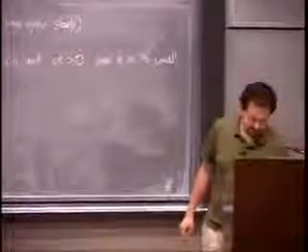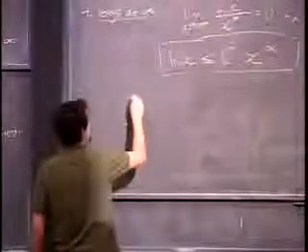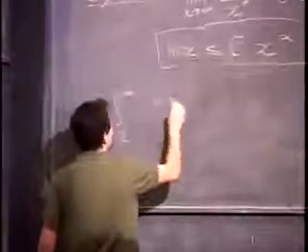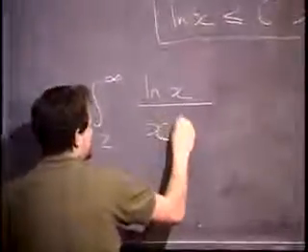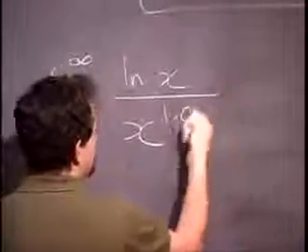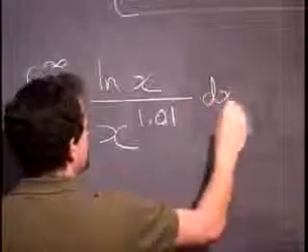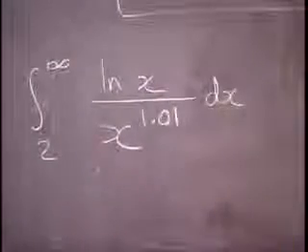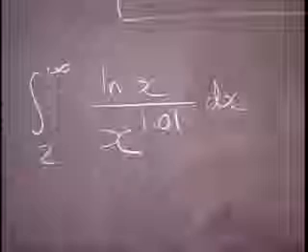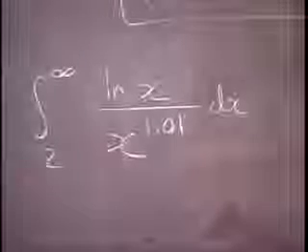So here is an example. Suppose you want to consider the integral of log x over x to the... Actually, I'm going to change the one in the book slightly. So log x over x to the 1.01 dx.